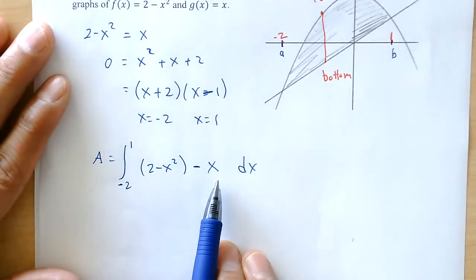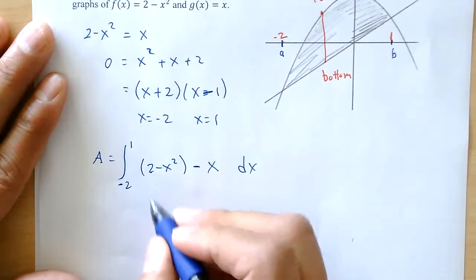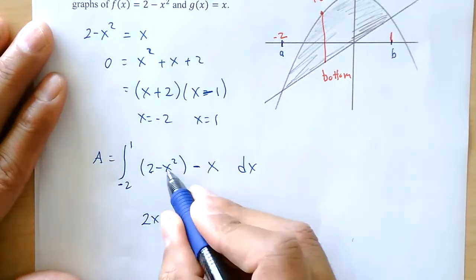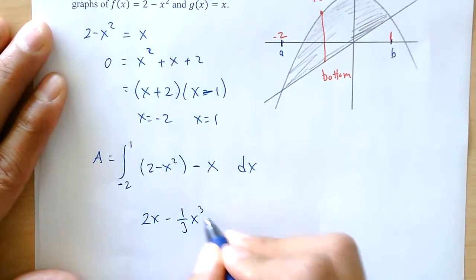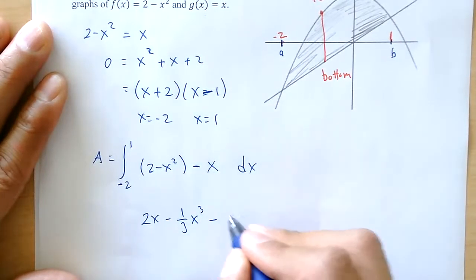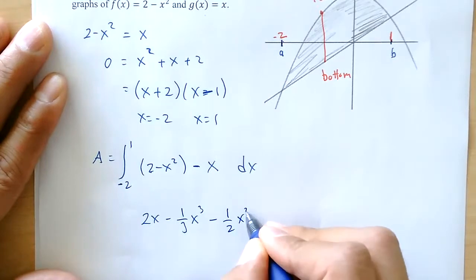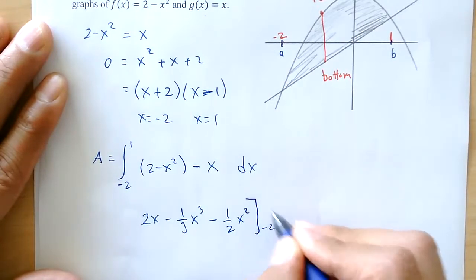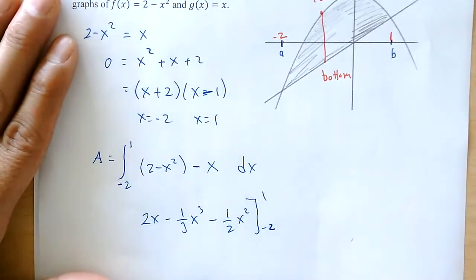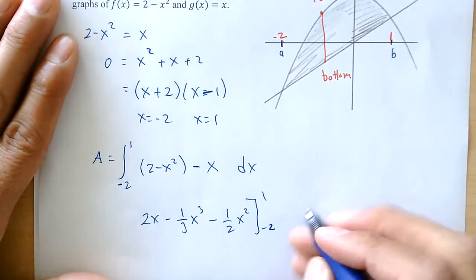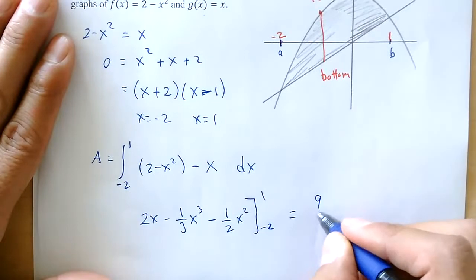I'm not going to show you every step. I will integrate. And I'll ask you to pause the video, top minus bottom. We should get the area to be 9/2.